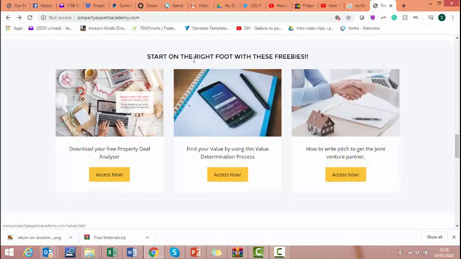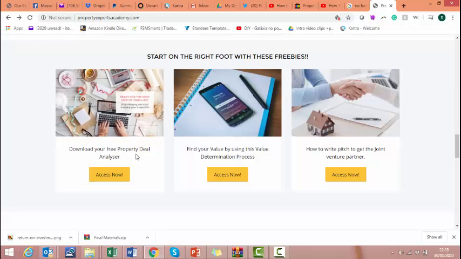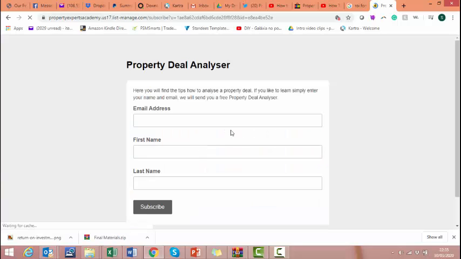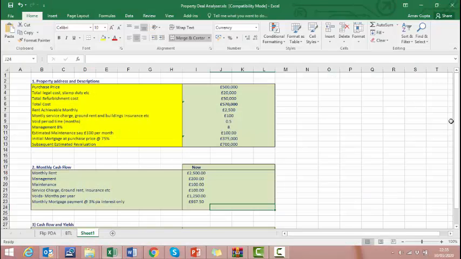Here is "Start on the right foot" with these freebies: download your free property deal analyzer. Just say access now, and it will prompt you to enter your name and email address, because we like to see who our target clients are. Enter them here, hit subscribe, and you will get a spreadsheet with all the formulas built in. See, you will get it like this.